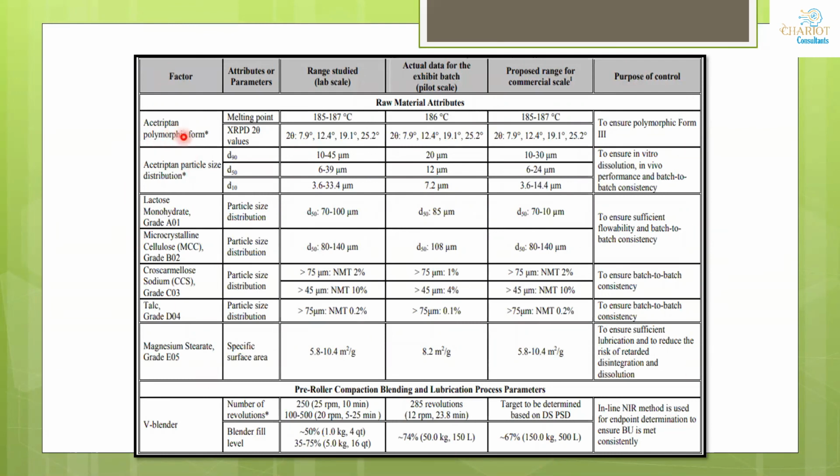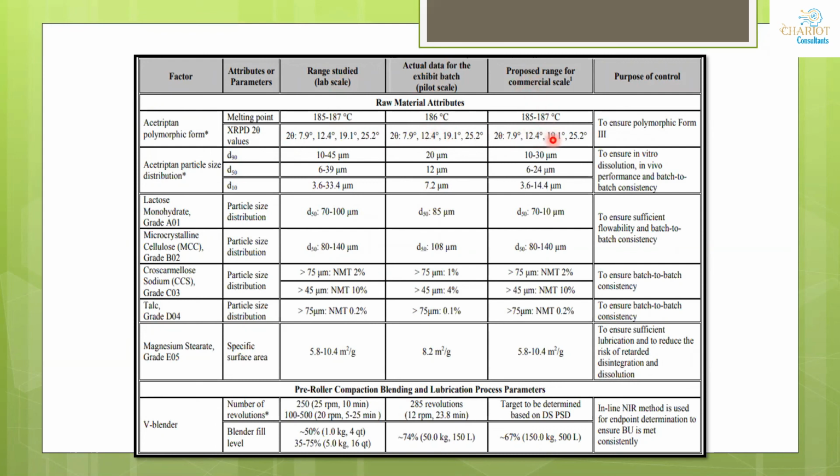In this case, for example, we were using this API, acetyltryptophan polymorphic form. So you have kept your polymorphic form as your control strategy, and these will be your 2 theta values, whichever you have studied for your lab scale, then what you studied for your pilot scale, and what is proposed for your commercial scale.